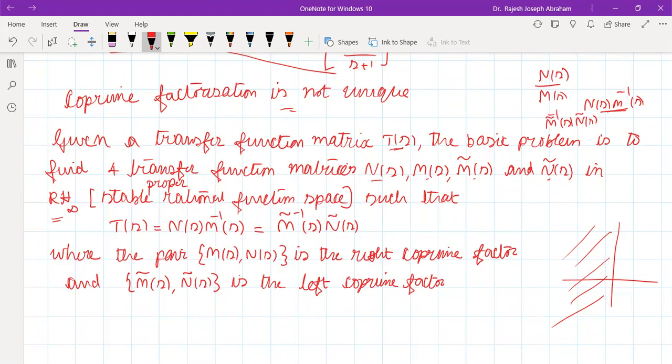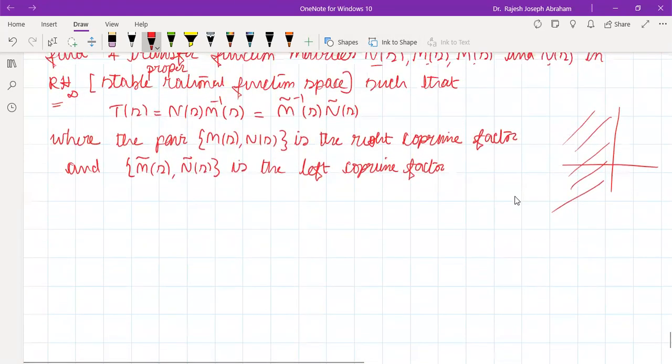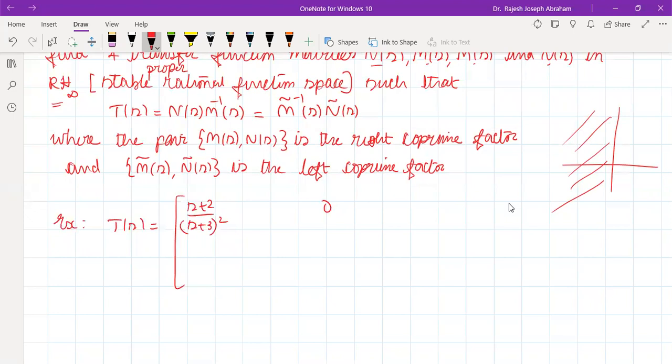For example, suppose we have a transfer function matrix like this. Example, T of S equals S plus 2 by S plus 3 whole square, 0, 1 by S plus 1, 1 by S plus 1. Is this coprime or not? Can you tell?